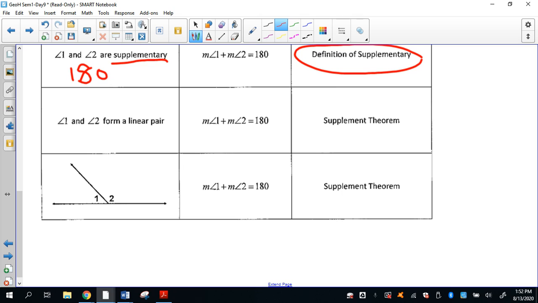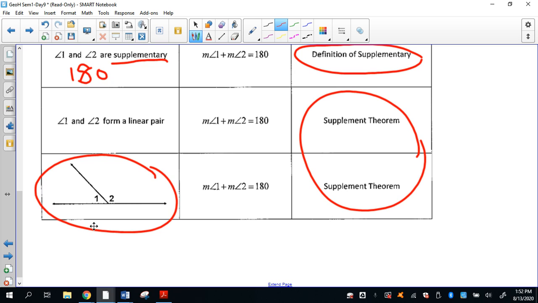And lastly, if angles form a linear pair, or you're given a picture of a linear pair, then by the supplement theorem, their measures add to 180. If I give you a picture like this from the bottom left, and I ask you what that angle pair is, you would say they are a linear pair.